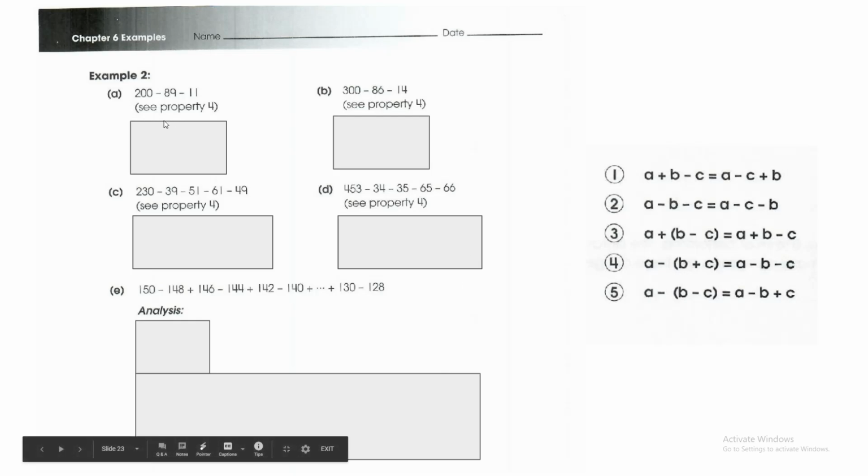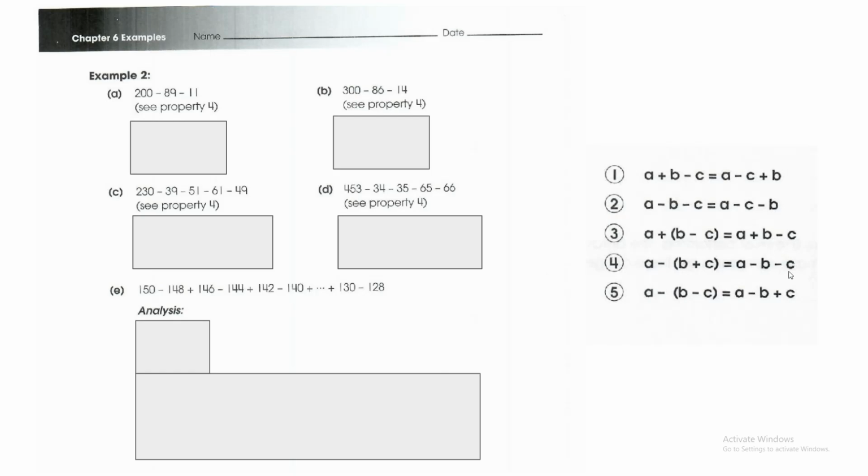Alright, example 2. This one is using property 4. This property states that A minus the sum of B plus C is equal to A minus B minus C. Now in this case, A, our starting number, is 200. We're subtracting 89 and 11. Now what we can do is use B and C, where B is 89 and C is 11, and add them together.